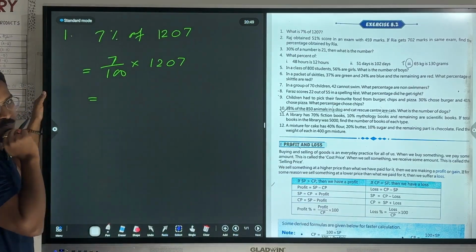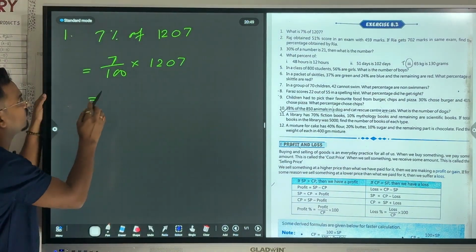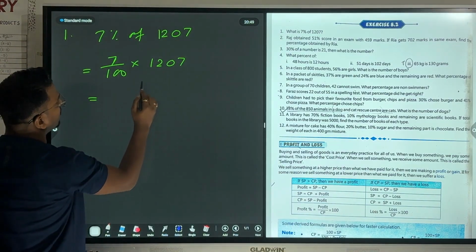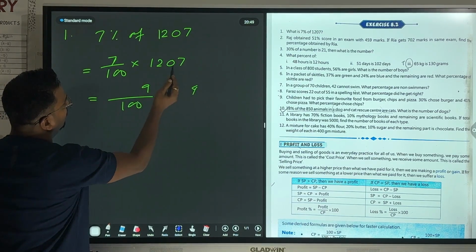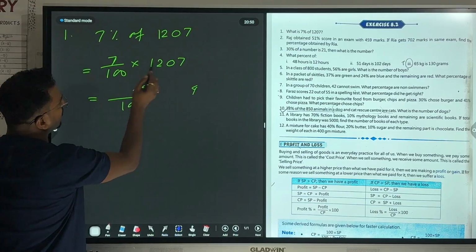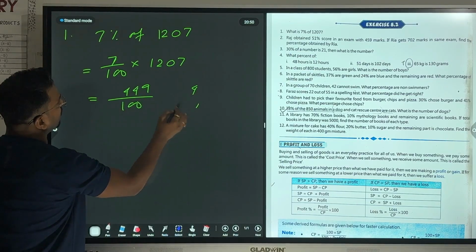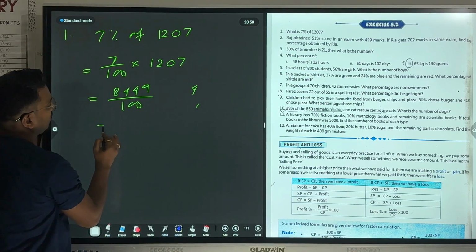So, can you cancel? You cannot cancel it. So, we will multiply this with this. 7 7s are 49. It will become 9, 4, 7, 0. So, it will become 4, 7 2s are 14, 7 1s are 7, 8.